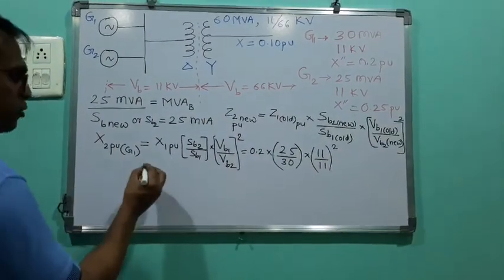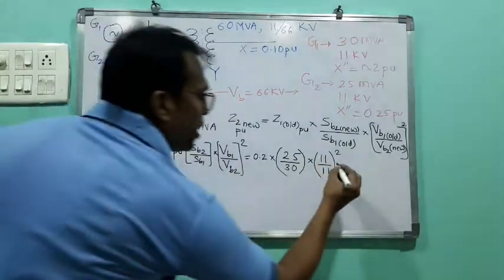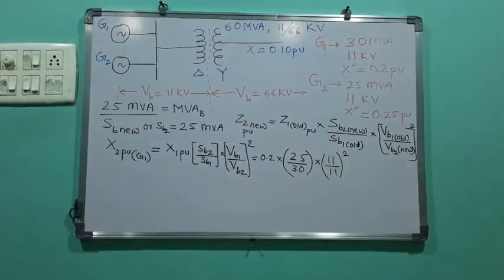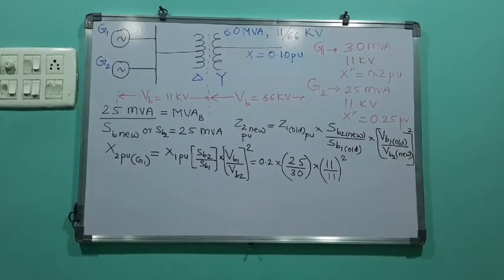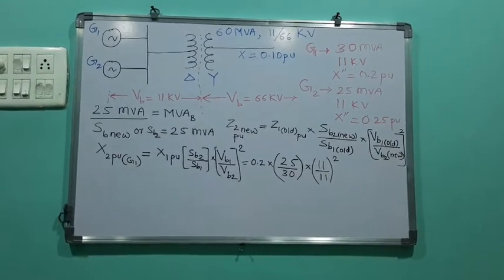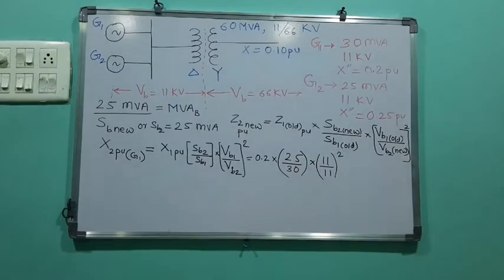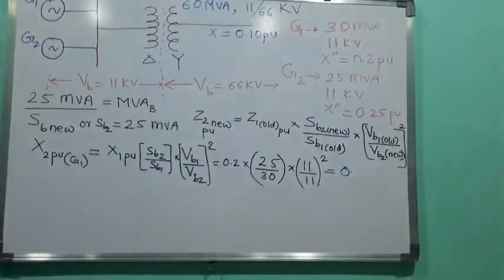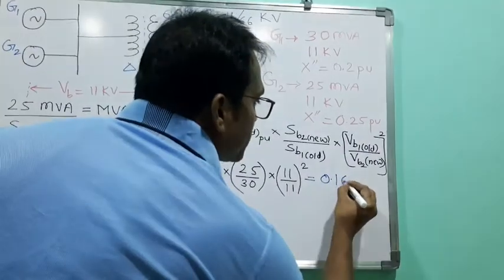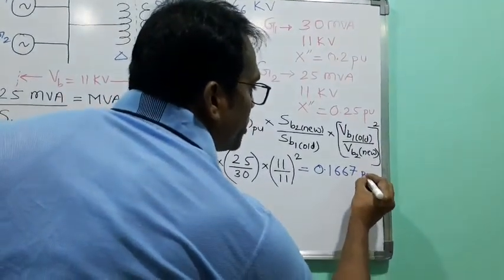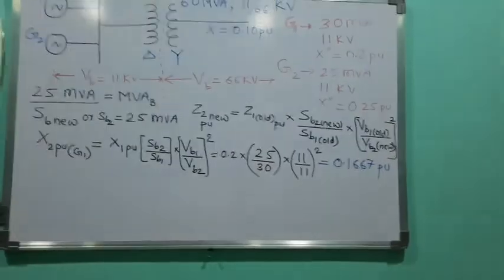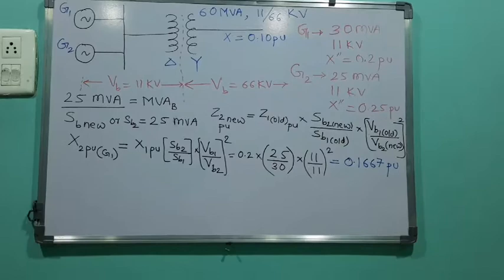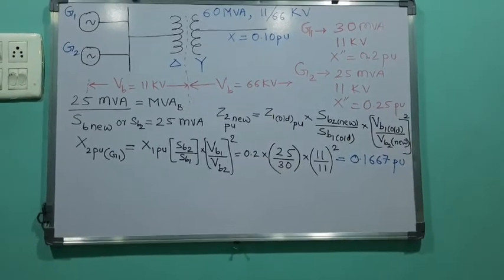After calculating, the value is 0.1667 per unit. This is your answer.